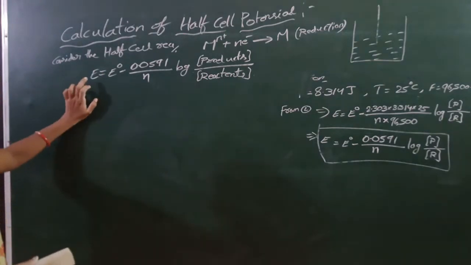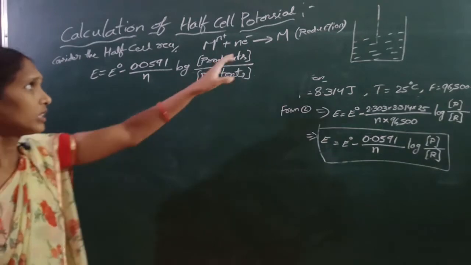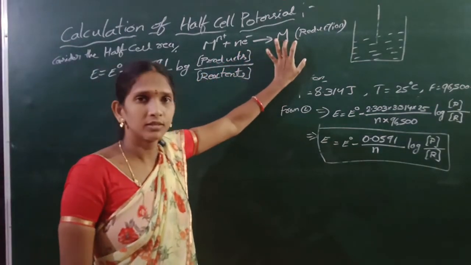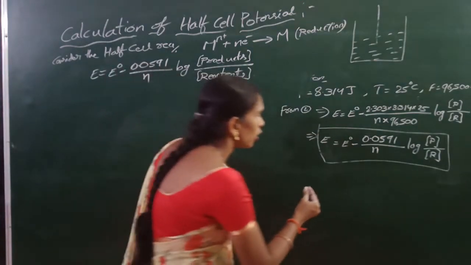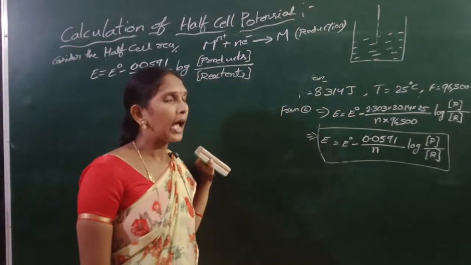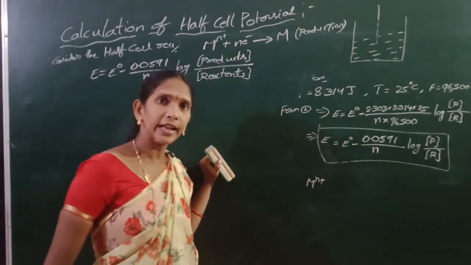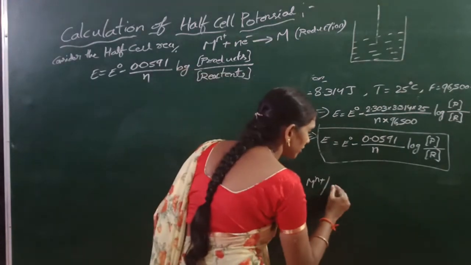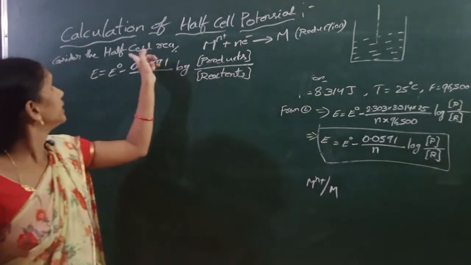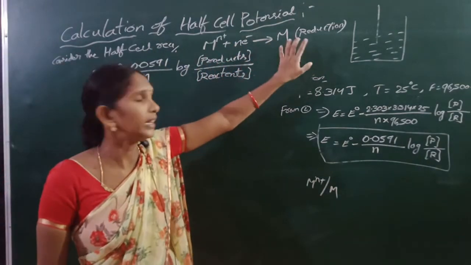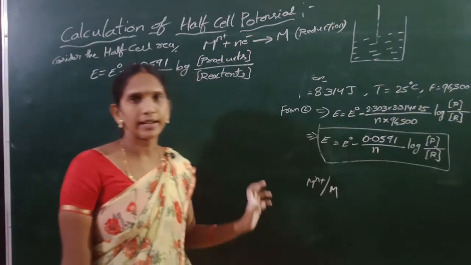Here this is electrode potential. In this half cell, this is reduction, that means a cathodic half cell. A cathodic half cell is represented as: first we write the ions, M n plus, then we write the metal electrode. In a cathodic half cell, the ions are written first and then the metal electrode.